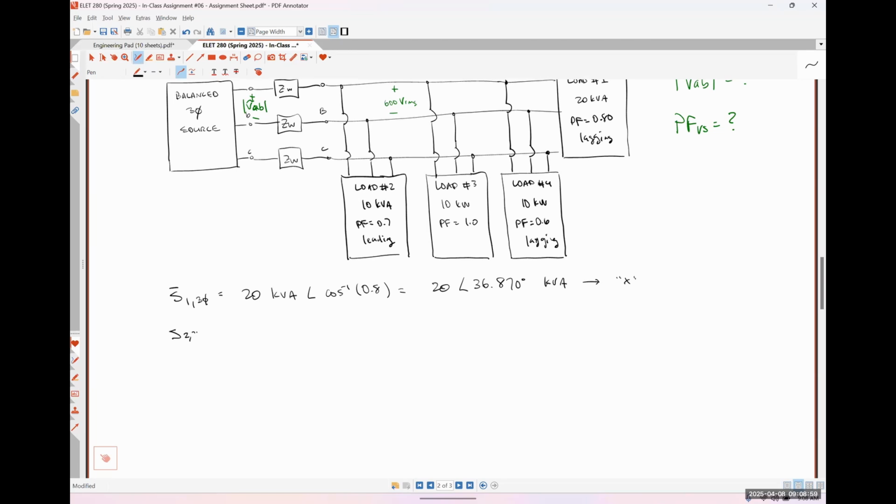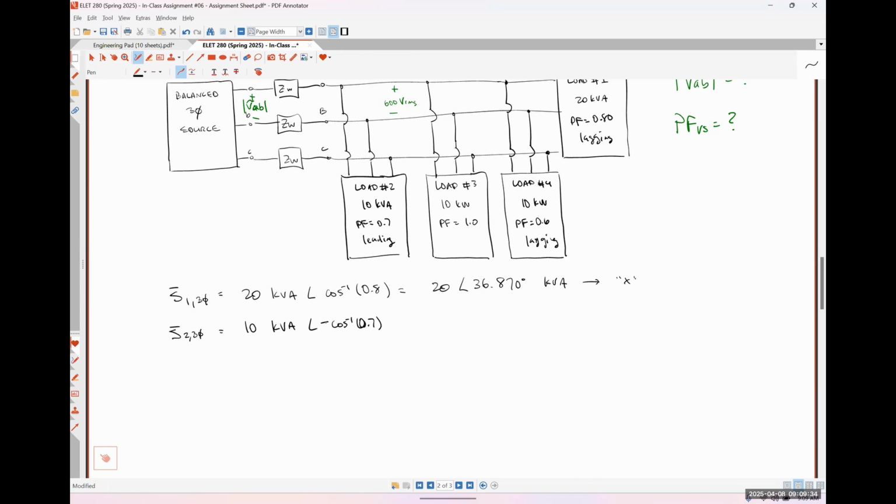Somebody else tell me how to calculate the complex power absorbed by load number 2. So the negative should go out in front. But you're right. Anytime we have a leading power factor, we should get a negative angle. So that's why that negative value is out in front of the inverse cosine operation.